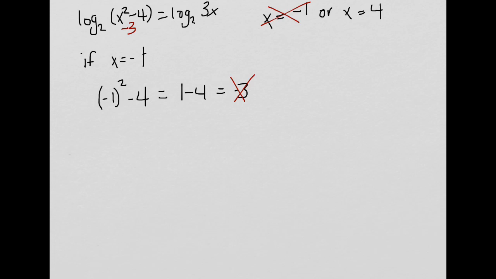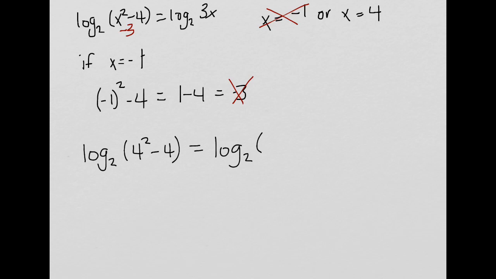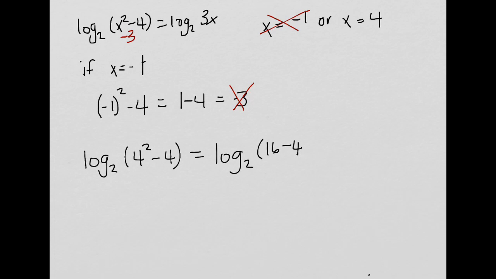So let's go ahead and hope that x equals 4 actually works. Okay? So let's take log base 2 of 4 squared minus 4, and that equals log base 2 of 16 minus 4, and that equals log base 2 of 12. Now, I realize that right now you don't know what log base 2 of 12 is, and that's okay.